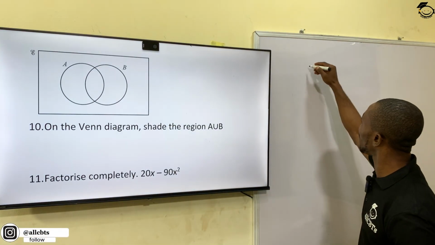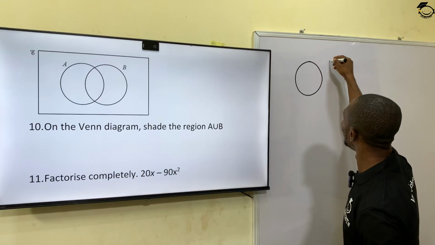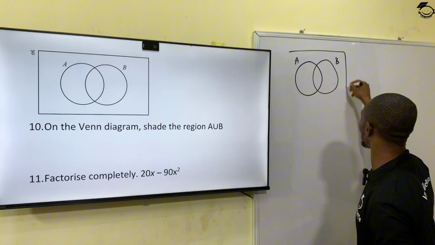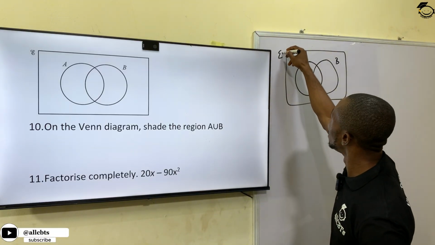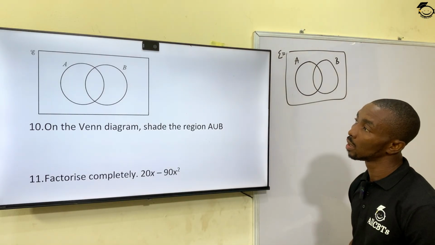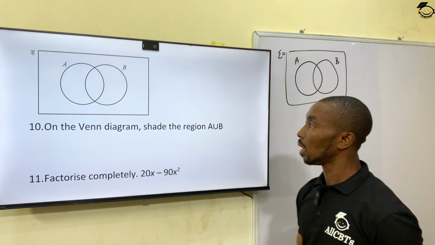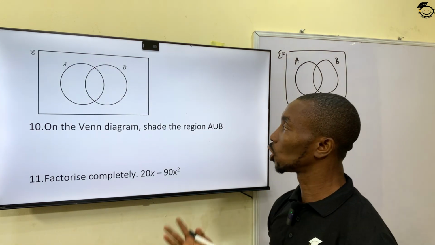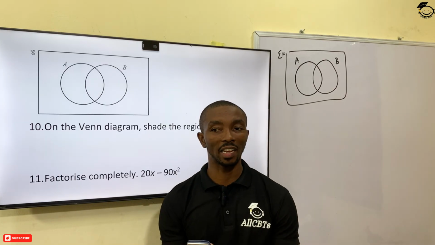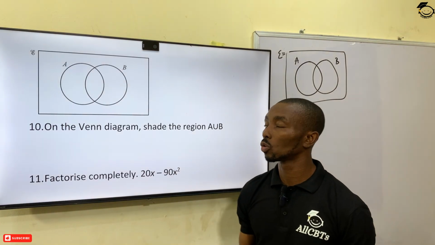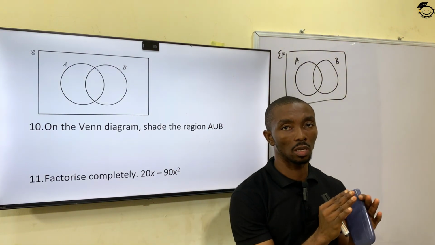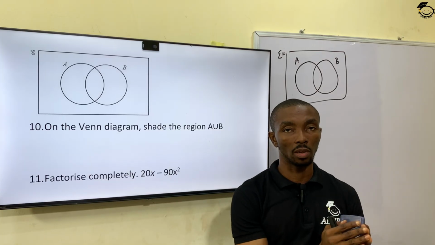Now, we have a Venn diagram as this. All right. Now, if you are looking for A union B, it is simply the addition of both sets A and B. If we talk about A intersection B, then we'll talk about what's common to both sets A and B. All right.